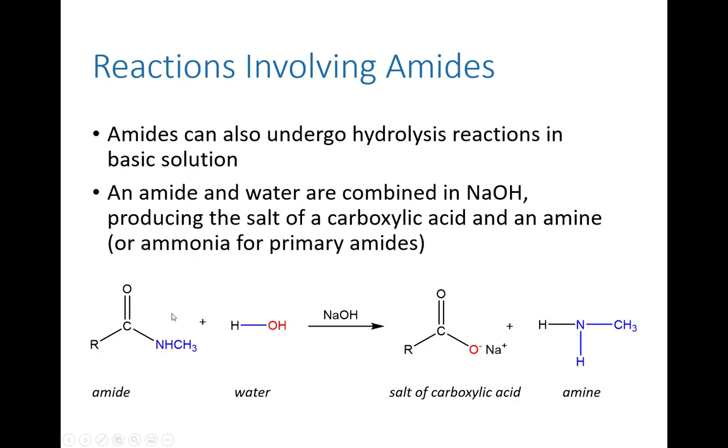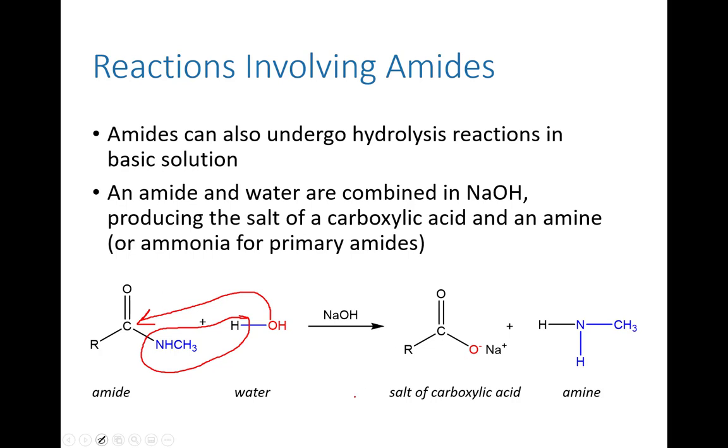So we go ahead and we identify our groups that are going to come off, just like we did for esters. And then the OH would attach here. But again, it's not OH, it's O-.